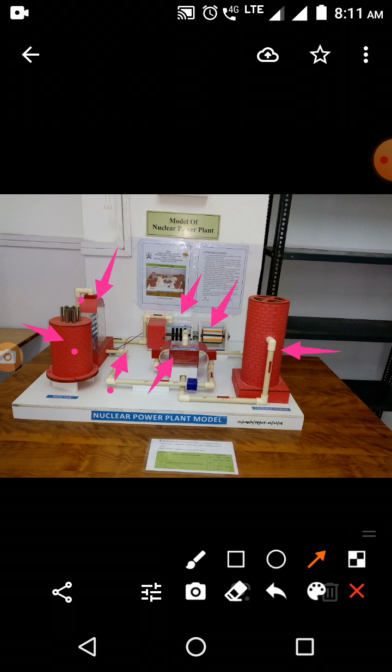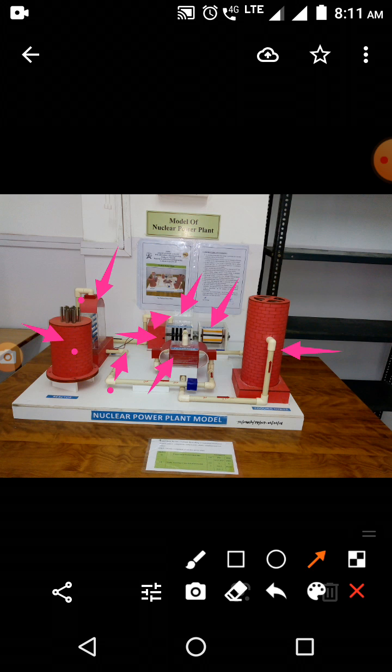This pressurized water carries the heat from the reactor to the heat exchanger, where the other input is normal water. The pressurized water releases its heat to the outside water, and this normal water gets converted into high pressure steam. This steam then goes this way to the turbine.